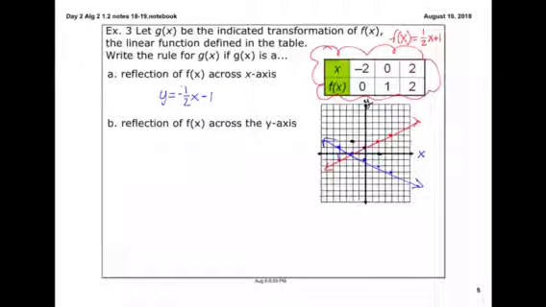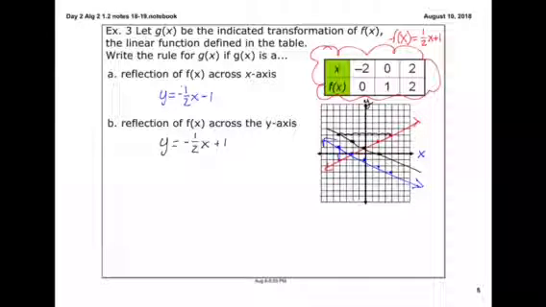You can count 1, 2, 3, 4, and we should have a point 1, 2, 3, 4 the other direction. So you can see that we would write y is equal to, our slope is negative 1 over 2x, and our y-intercept is positive 1.